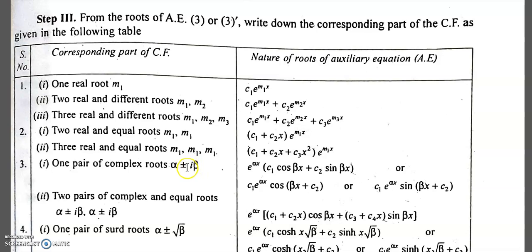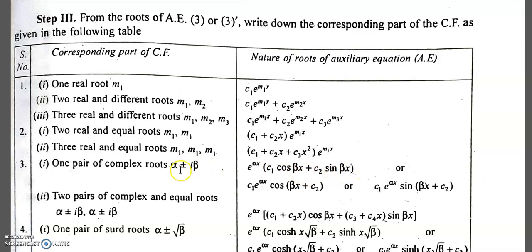You know that complex roots occur in conjugate pairs, from complex analysis. So suppose one pair of complex roots occurs, alpha plus minus i beta. How do we write the solution? For the real part we write e power alpha x. For example, if the roots are 1 plus minus 2i, we write e power 1x into c1 cos 2x plus c2 sin 2x.